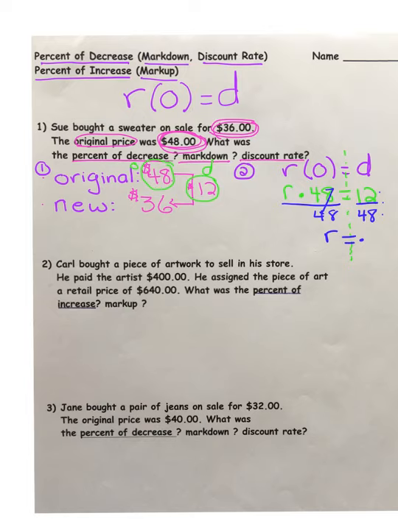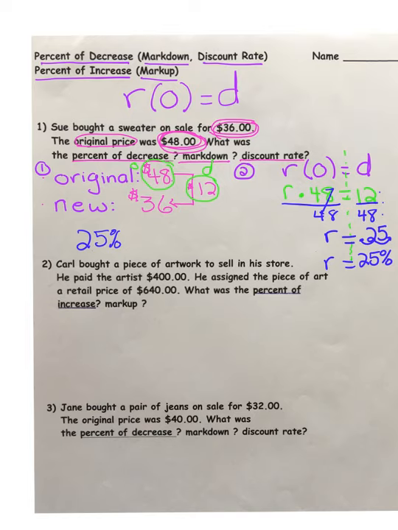You should have gotten 0.25, 25 hundredths. And when we multiply by 100 and convert it to a percentage, we get a 25% decrease. Or you can say a 25% markdown or a 25% discount rate.